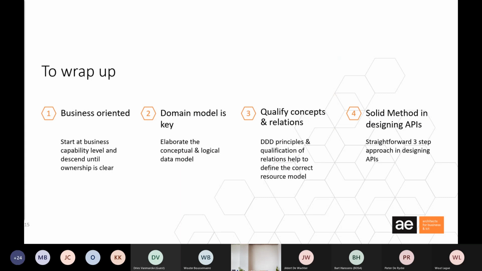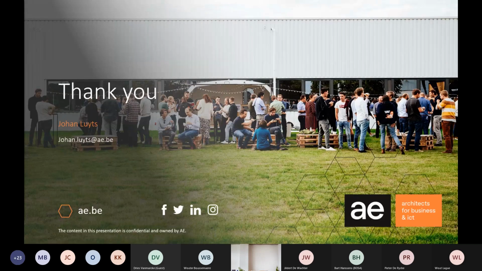This brings us to a solid framework or method for designing APIs. As I said, we do need to elaborate a bit further than what is presented here, but these high-level guidelines will really help you in defining the method that is suitable for your organization. So voila, 3 minutes over time, but I hope it was worth it for you guys.